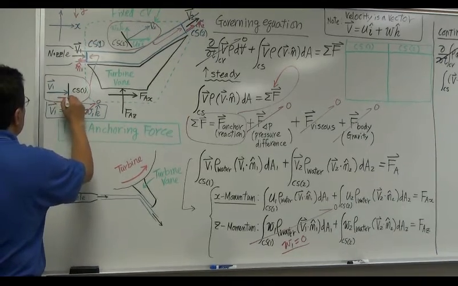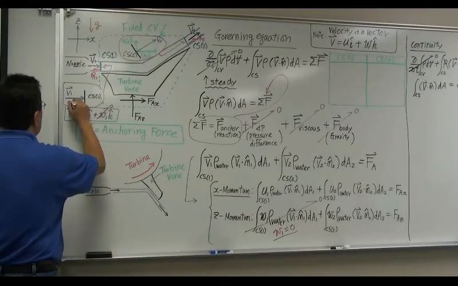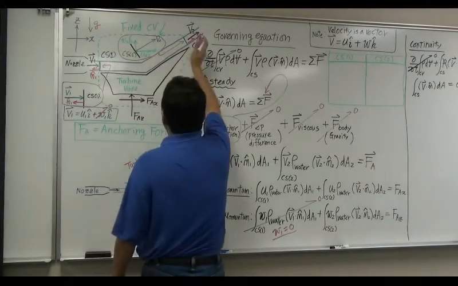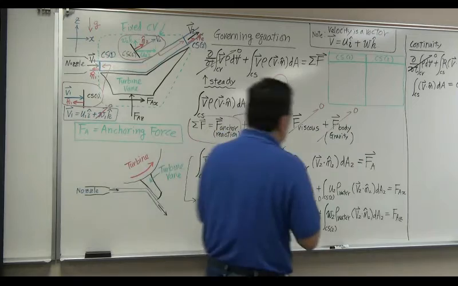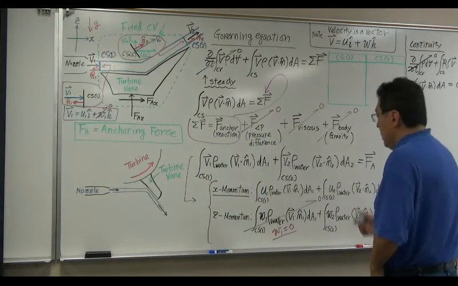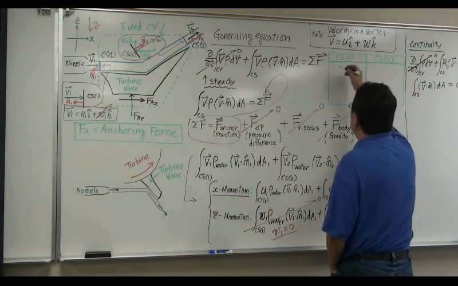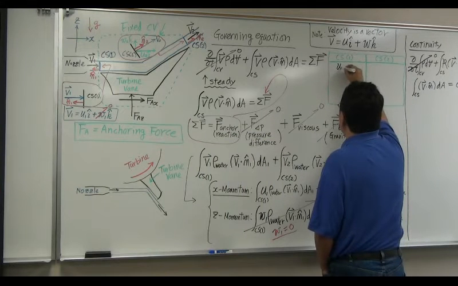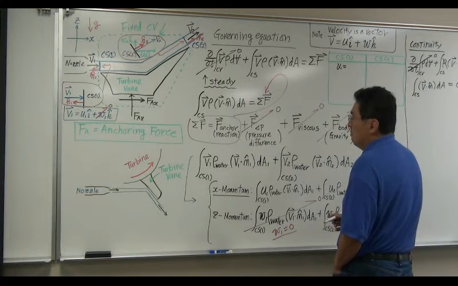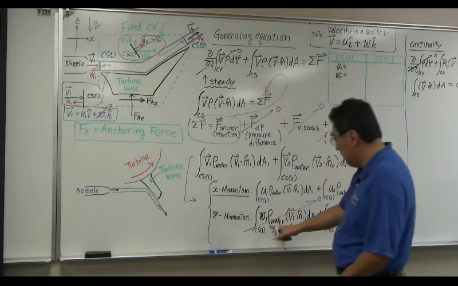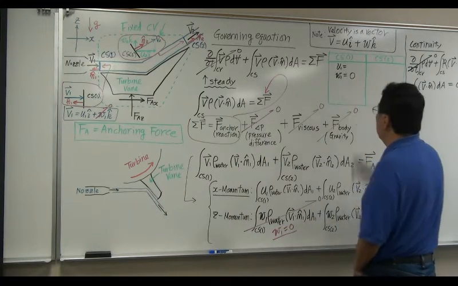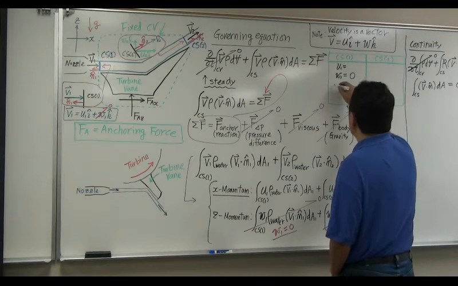Of course, you have the outward unit normal vector n1. This is control surface 2. v2 is outgoing. Of course, you have the outward unit normal vector n2 like this. So what I want to know is, at control surface 1, what is u1 equal to? What is w1 equal to? Of course, w1 we know is 0. So what is v1 dot n1 equal to?